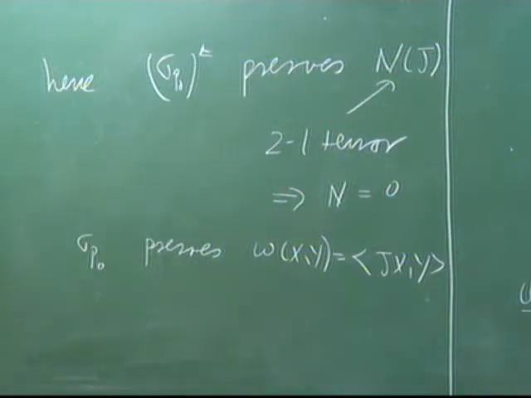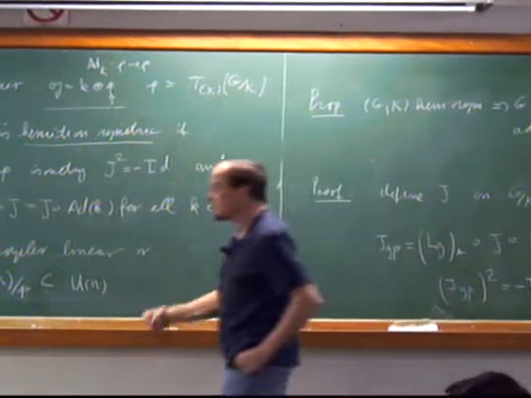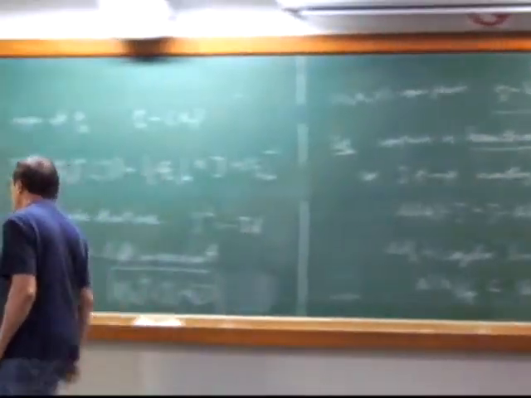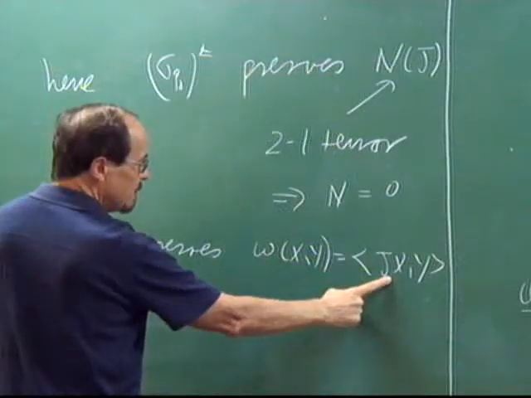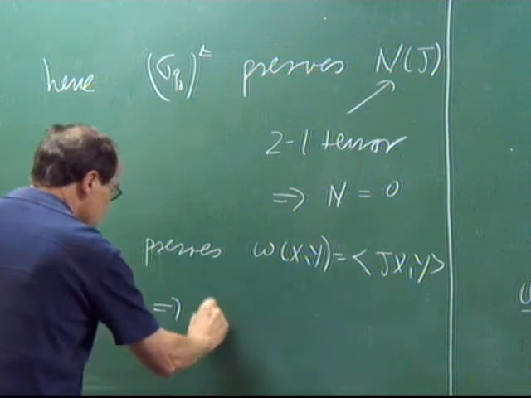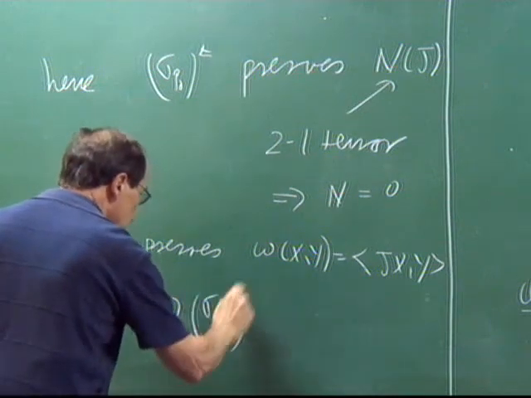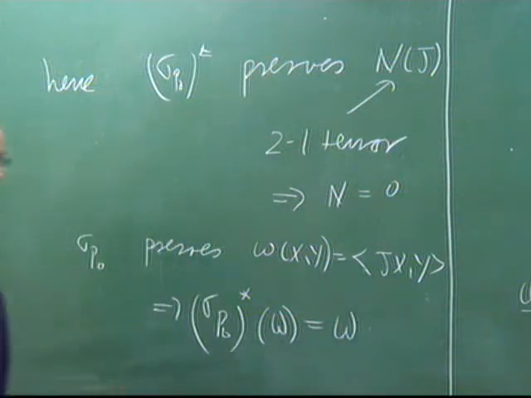Right here, I have my complex structure J. I just defined it globally over here, so now I have a corresponding form. And now sigma P naught preserves J. Of course, it's also an isometry, it preserves the metric. This implies that sigma P naught star omega is also equal to omega. Okay. Of course, omega has even order, right? It's a 2 form.